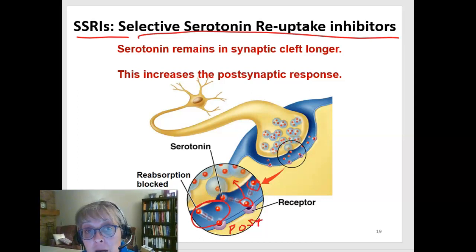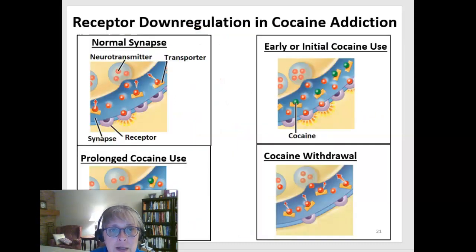And if this is in a pleasure pathway or a motor pathway, the responses are good, right? You'll move easier, you'll feel better. So that's the idea behind selective serotonin reuptake inhibitors.